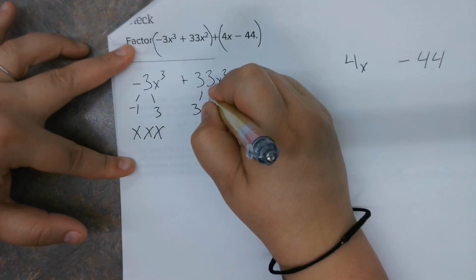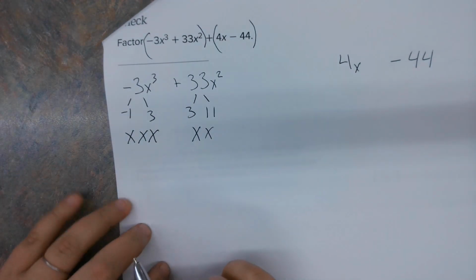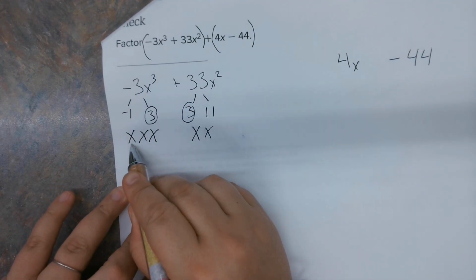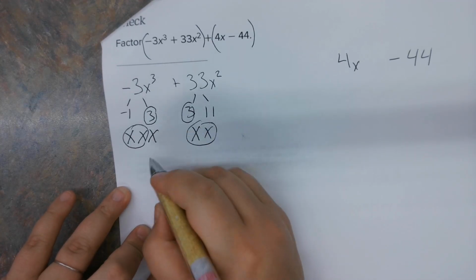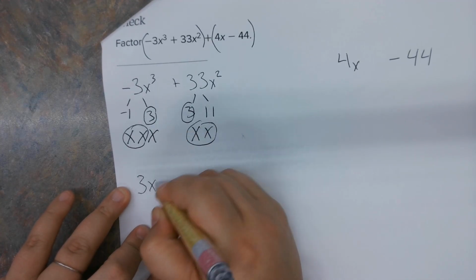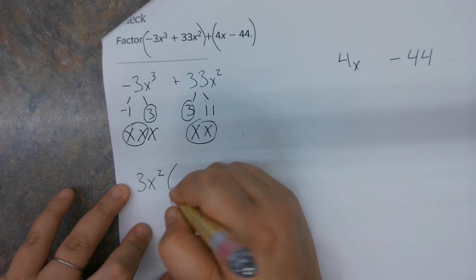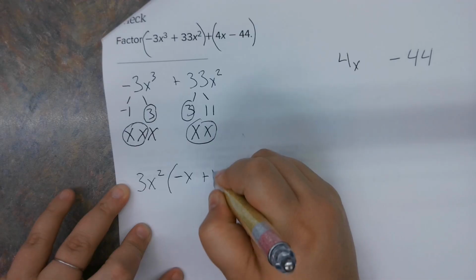This one, I've got a 3 and an 11 and then 2 x's. What do we share? Right now we share a 3 and 2 x's. So I have 3x squared. What's left? This one I'm left with a -x and an 11.